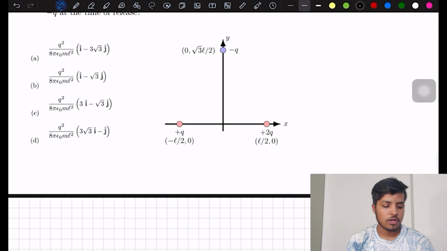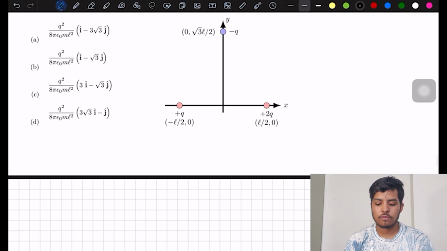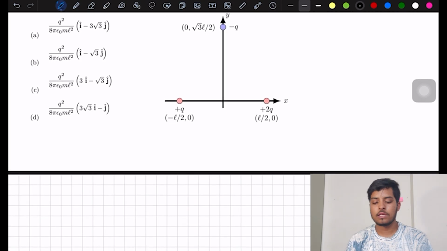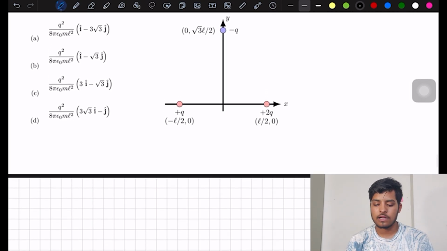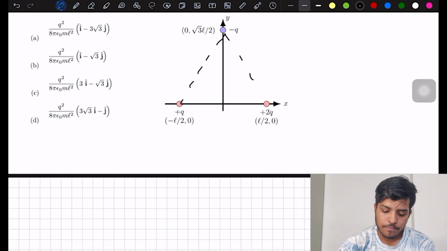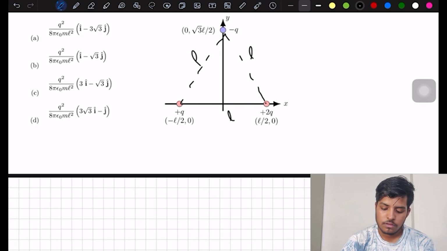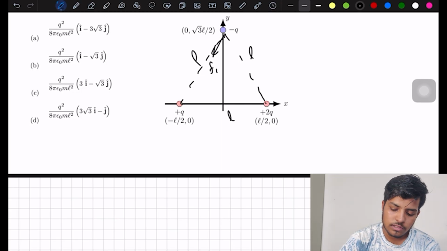So now let's solve question number 9. We have to find the acceleration of the charge minus q at the time of release. It's a negative charge, so both the charges will attract. And clearly it is visible that it's an equilateral triangle, right? This side is L and this one is also L. Let us assume this is F1 and this is F2.